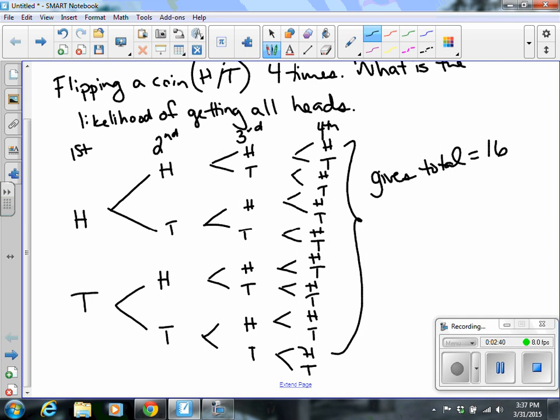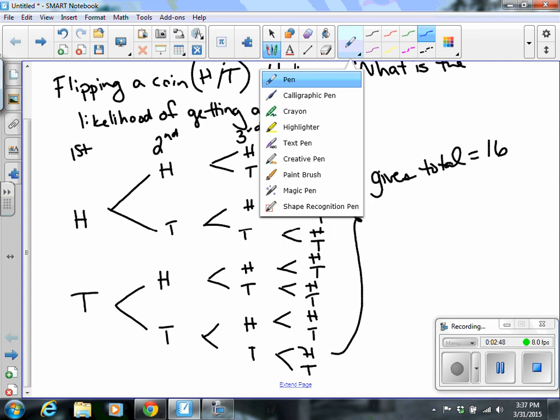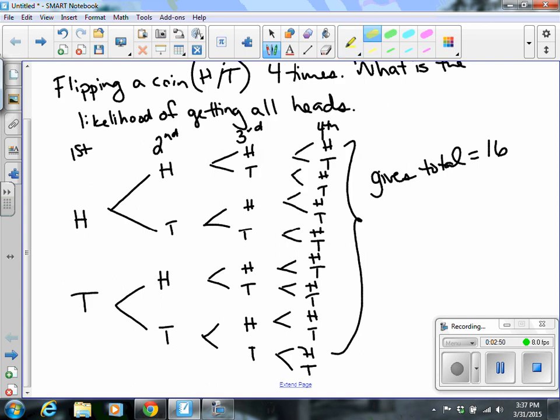Well, there's only one option that gives us all heads. You can see I just highlighted it there. So there's only one option, so our likelihood is 1 over 16. Okay, so this is a tree diagram. I'm sure you've probably seen it in junior high, and just kind of a refresher here.